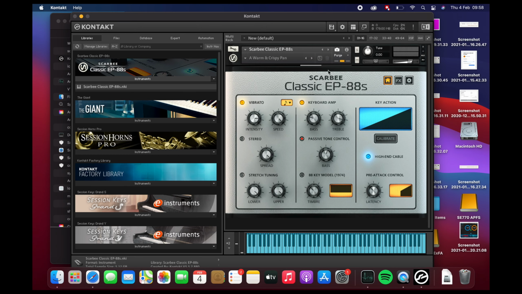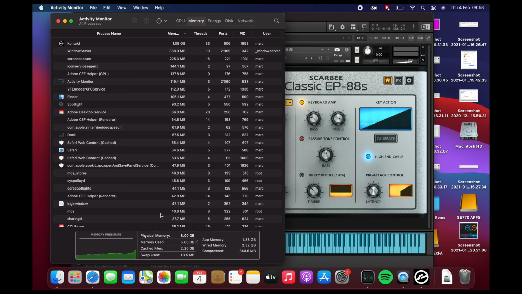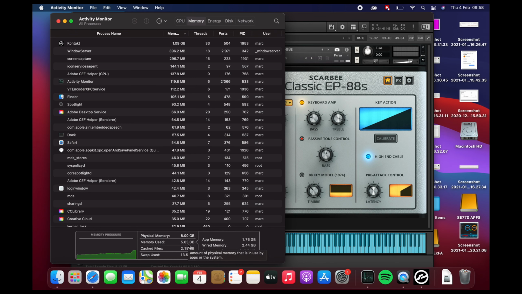We see here that it's loading, and we see here the gigabytes of memory used. So we have 434 megabytes loaded in the memory, the rest is streamed. And if we look here, we have a little bit more memory, so we are around 5.63.